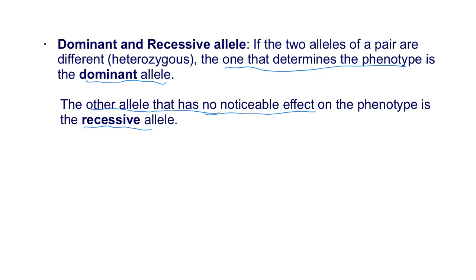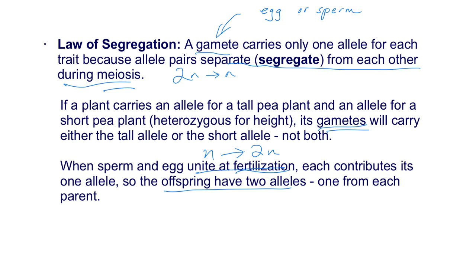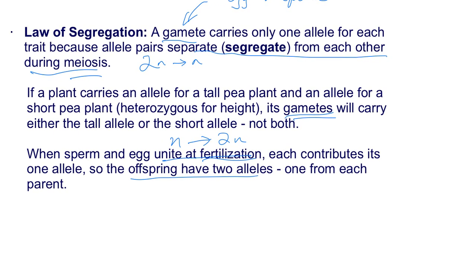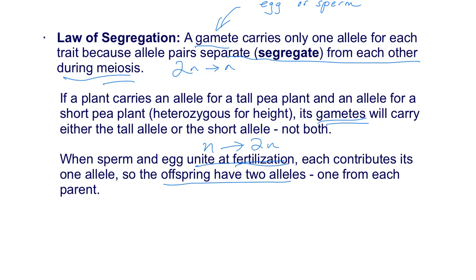I just did that. Okay, so what they're saying here is that a sex cell carries only one allele for each trait. That's because during meiosis, when the sex cell was formed, the germ cell went to haploid, so you only have half the alleles you had when you were diploid.